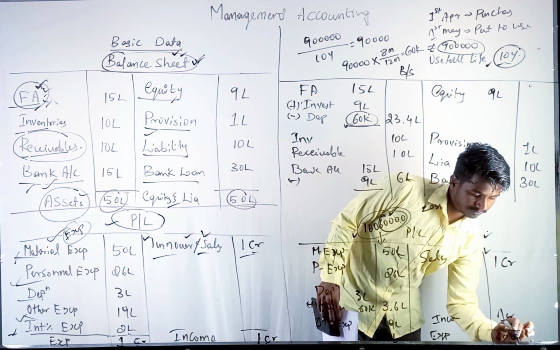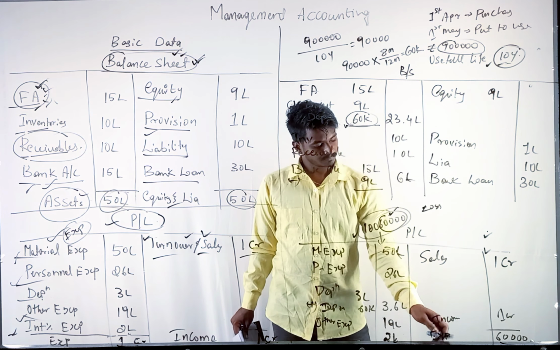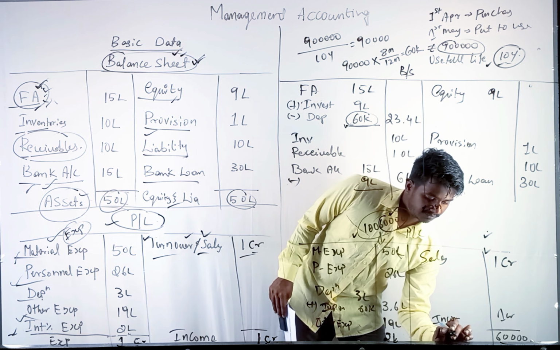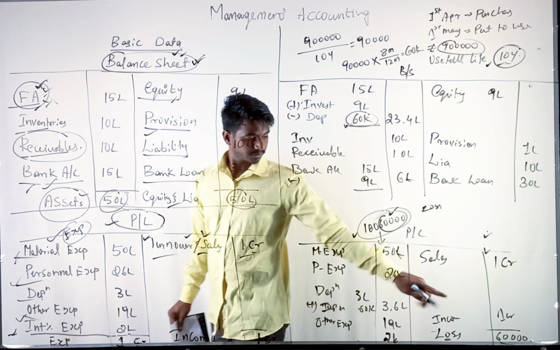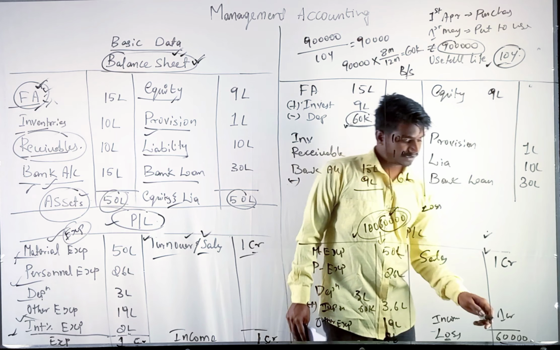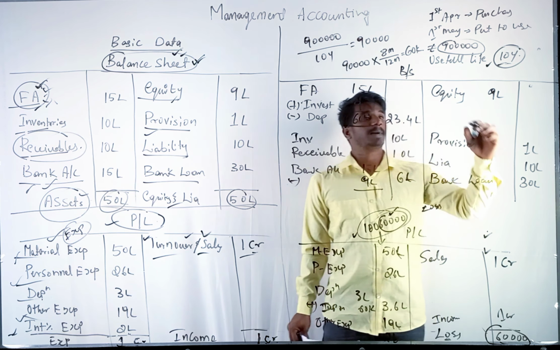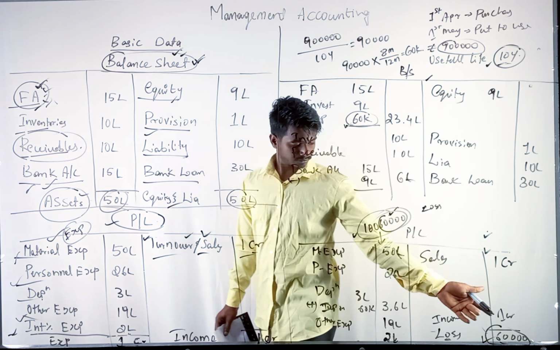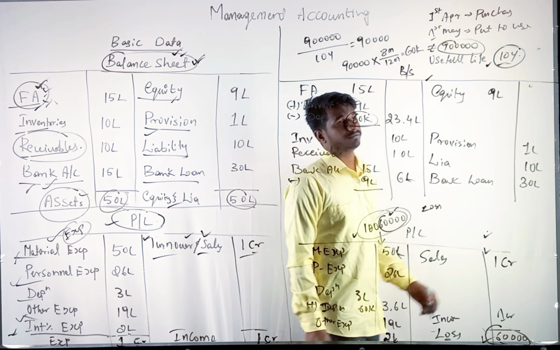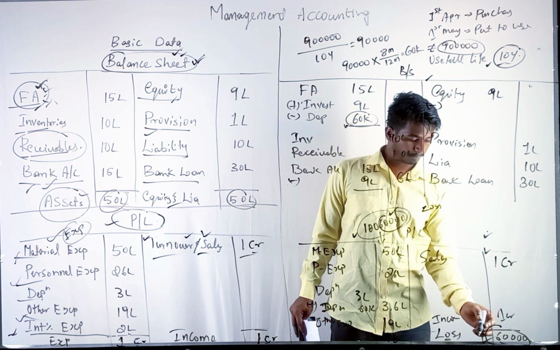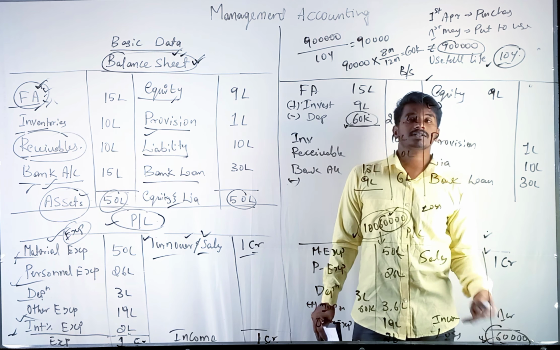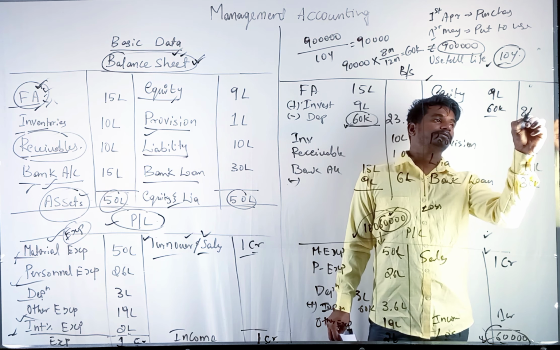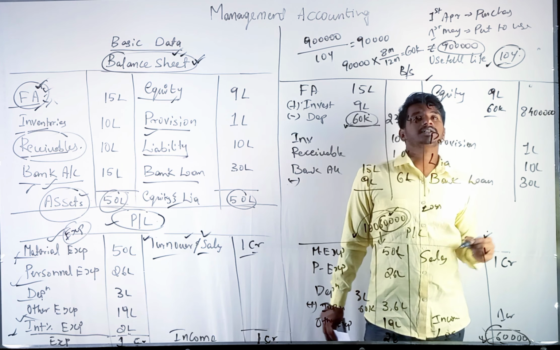Whatever the loss is, we should show after income. This 60,000 goes to the balance sheet under equity. We should reduce it. If you have profit we will add, now we have loss we will minus it. 8 lakh 40,000 will be the total equity.